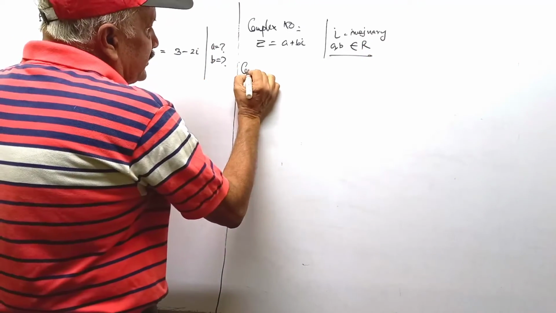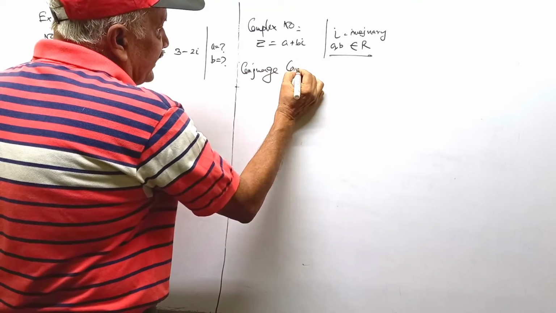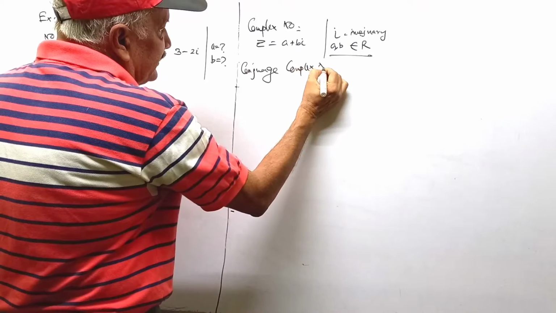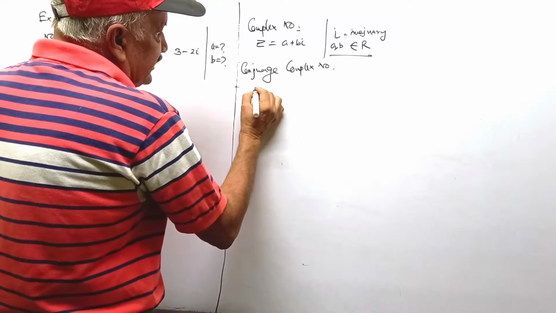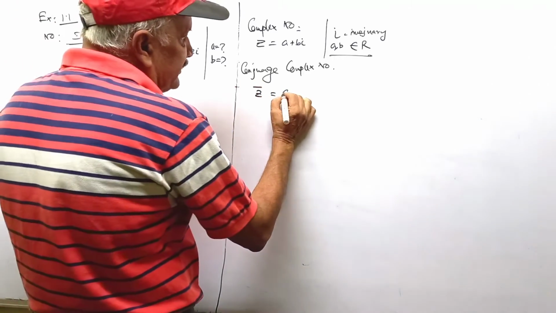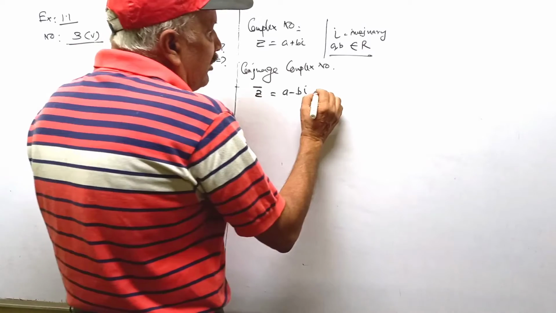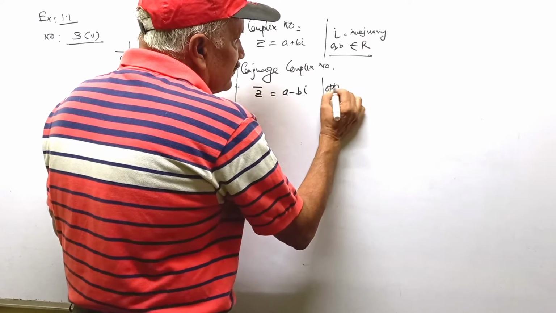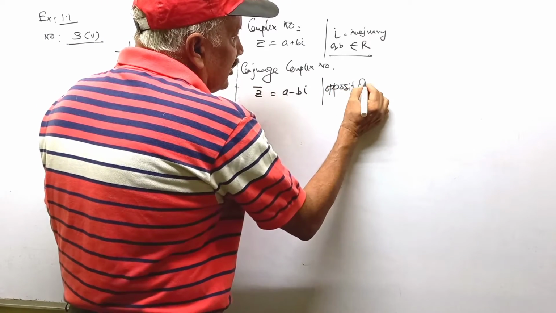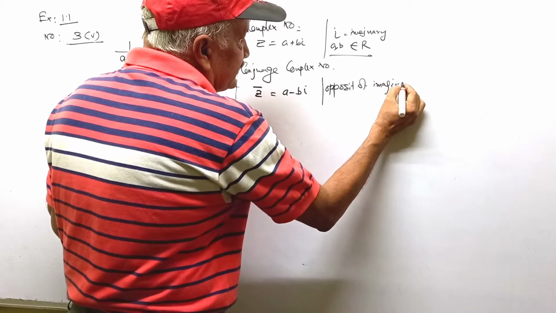Next we are talking about the conjugate complex number, that is z bar. This is the symbol of the conjugate complex number, a minus bi, that is, the opposite of the imaginary part.